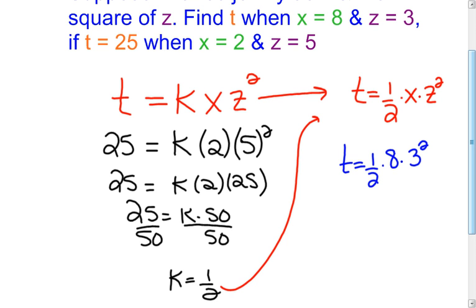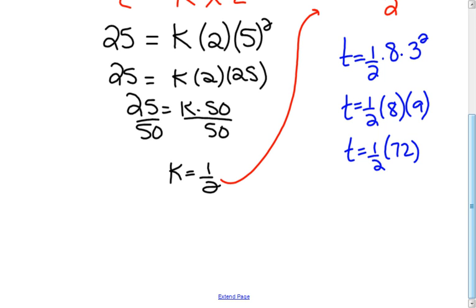Okay, so t will be 1/2 times 8 times 3 squared, which is 9. 9 times 8 is 72. And half of 72 we know is 36. And that's how you would do that.